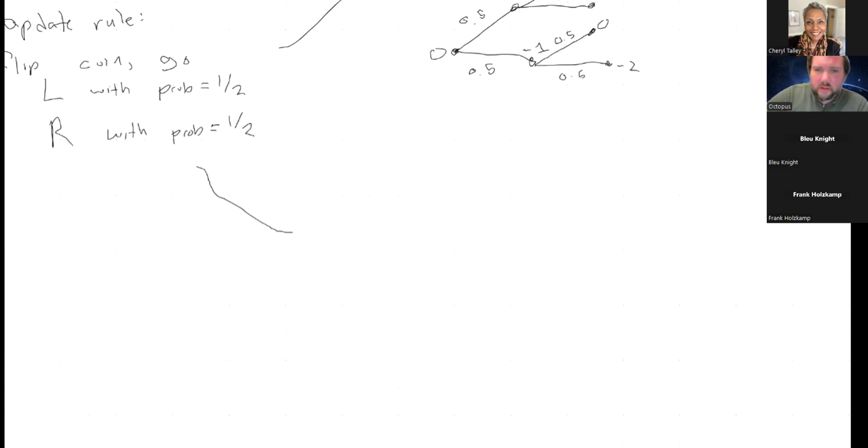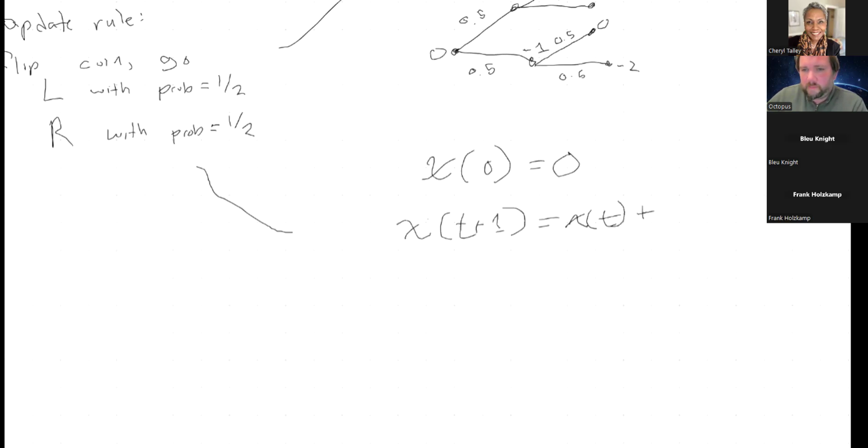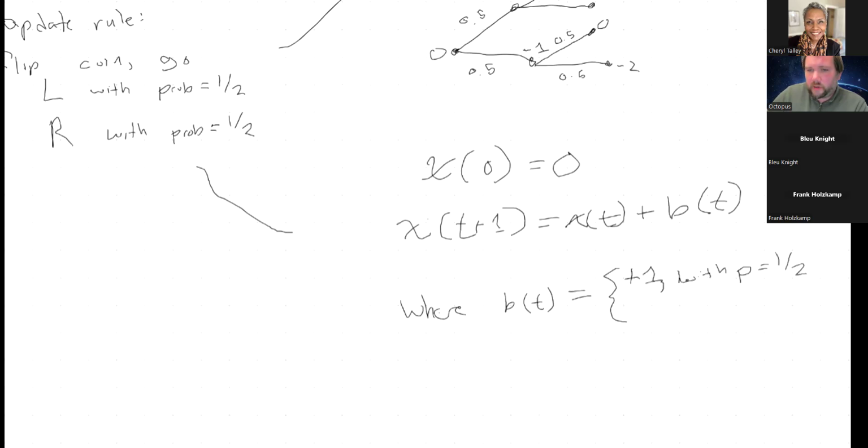I could say x of 0 equals 0, and then my update rule, x of t plus 1, is equal to x of t plus b of t, where b of t equals positive 1 with probability 1/2, and b of t equals negative 1 with probability 1/2.